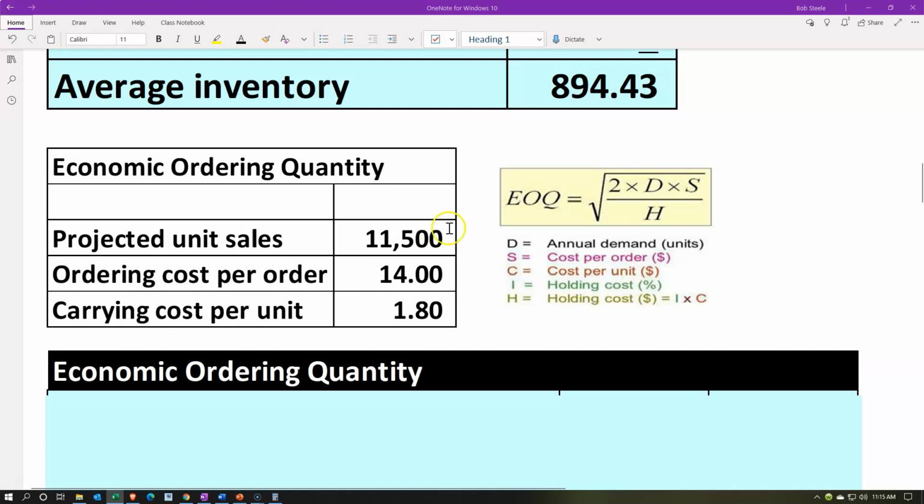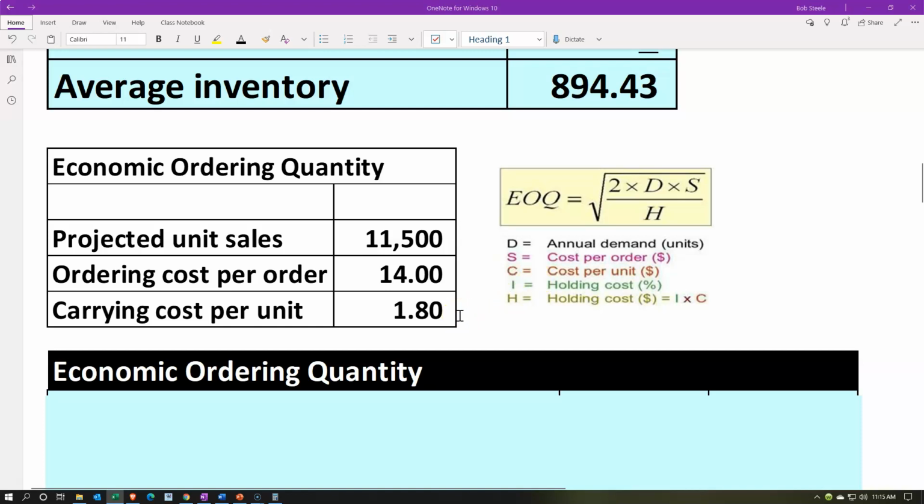So once we have those 2 numbers, we plug them into our formula, which is 2 times D, which is the annual demand, which is the 11,500, times S, which is the cost per order, which is the 14, divided by H, which is the holding cost. The holding cost can be calculated sometimes as the cost per unit times the holding cost percent. We just have the cost here, but just recognize that could be the case.